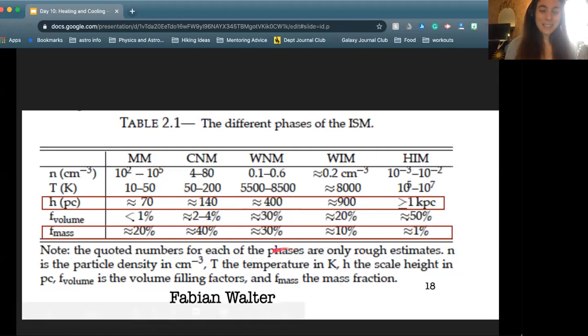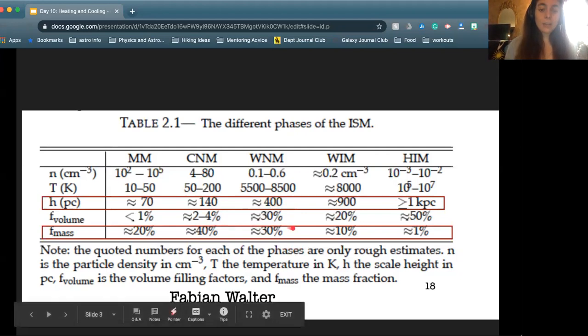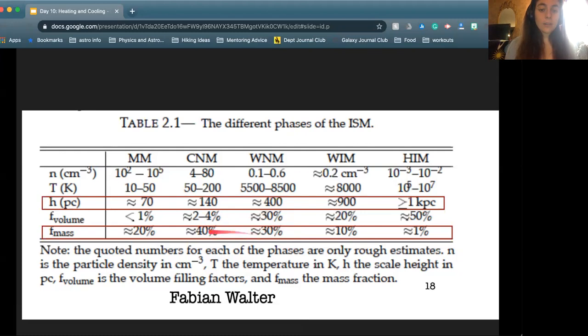And again, we're getting larger filling factors, but we're going down in density and up in temperature, with more filling factor as we go towards warmer phases. They expand more, so we get to pressure equilibrium, but they're moving faster. So they take up more of the volume despite being less of the mass.